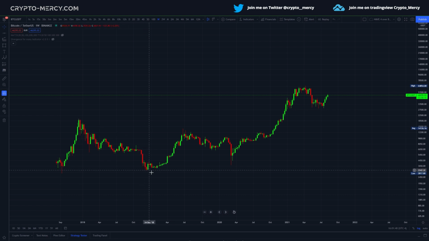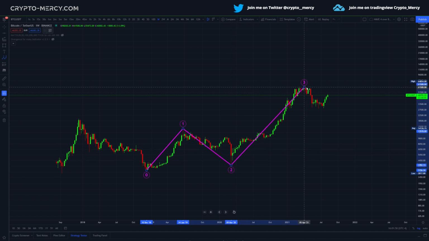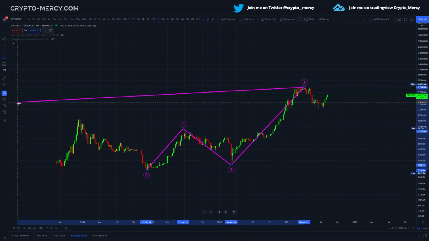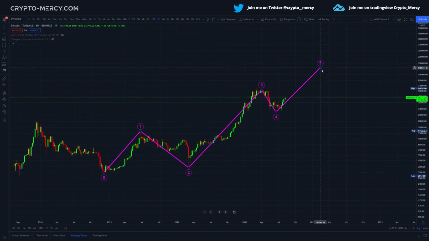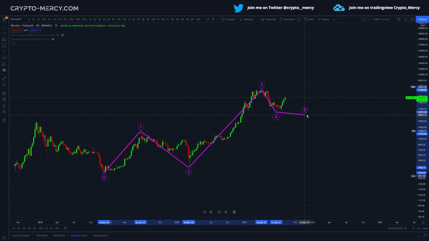This was the bottom of the bear market, and the bottom of the bear market is 0.0, the lowest point, and on the RSI, we have wave 1, wave 2, wave 3, and wave 4. We don't know if we found the bottom, but if we found the bottom, we will go inside this wave 5. And it is why I'm pretending now that we are inside a wave 5.